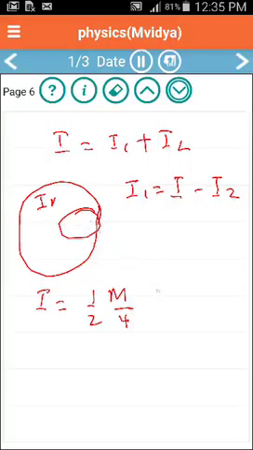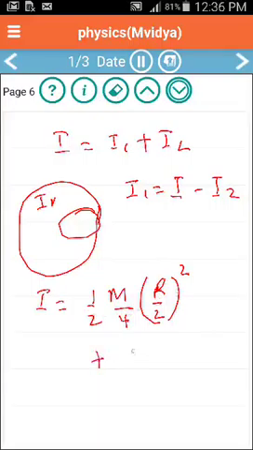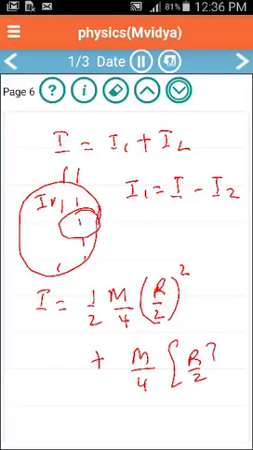Here the radius is r by 2. Half mass m by 4 into its radius r by 2 squared plus m h squared. So m by 4 into h, the distance between the parallel axes, so that is r by 2 squared.